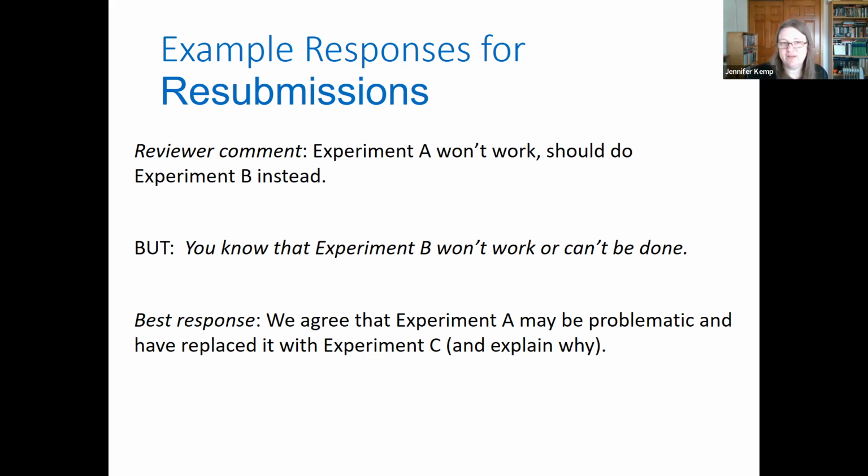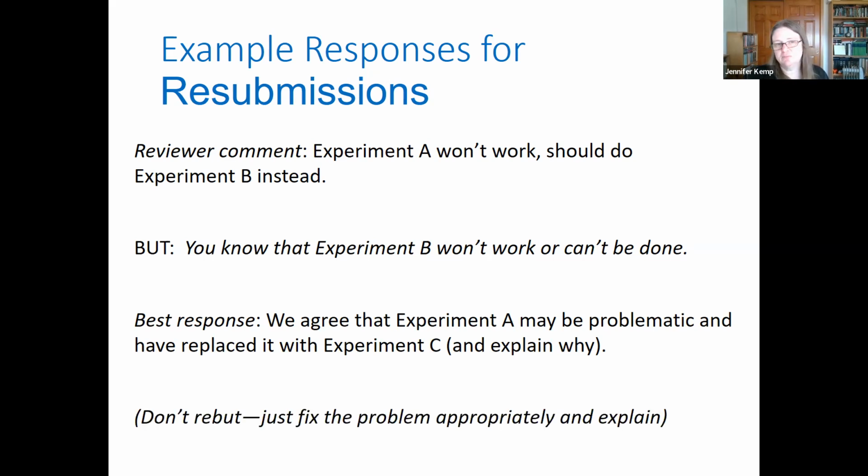So you avoid doing experiment B that they recommended, but you've still solved the problem because you've taken out that experiment A that they don't like, and you've replaced it with something that you know will be successful, and you tell them why. Okay, so you don't have to rebut this, just fix the problem appropriately and explain why.